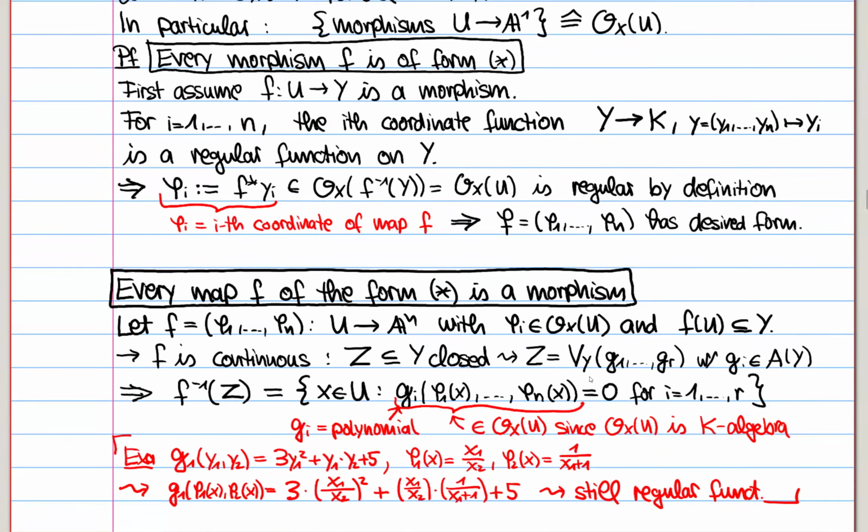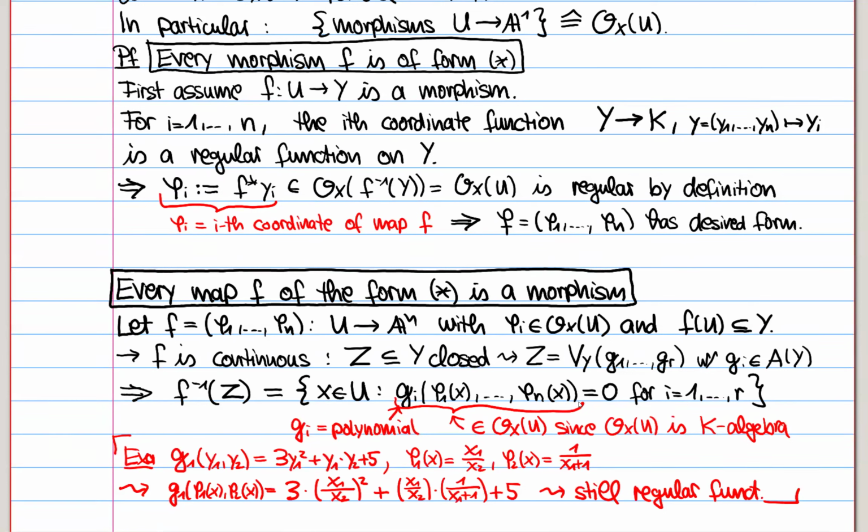So it's written as the vanishing locus of some regular functions g_i on Y. Then the pre-image is given by the points in U such that they land in Z, and landing in Z just means that all these functions here must vanish. So in other words, g_i of our image point is 0, so we can plug in these coordinates.